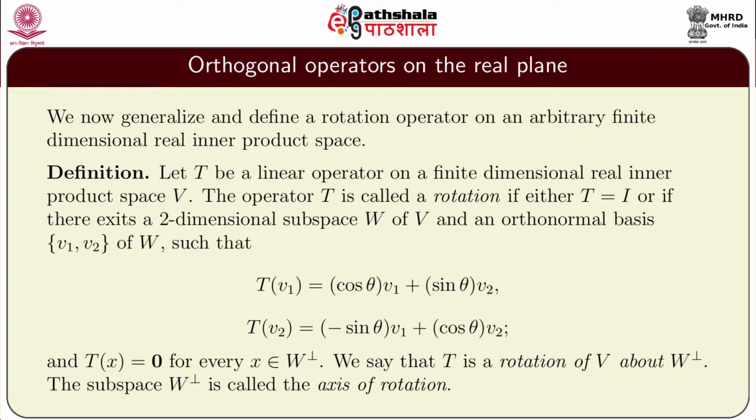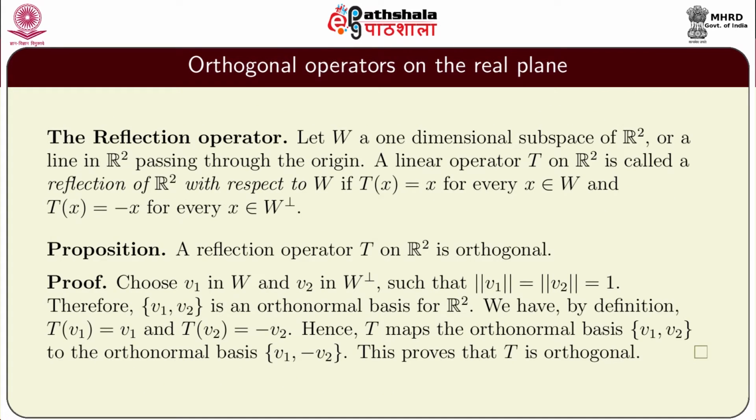You can see that this is indeed an imitation of the usual rotation operator on R2, and it indeed generalizes, because if we take V equal to R2, then this definition leads to the usual rotation operator T theta. Now, the reflection operator.